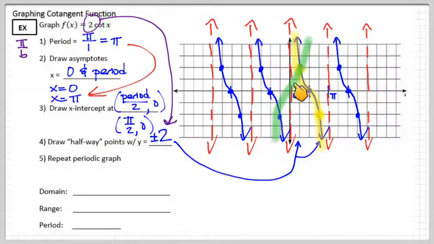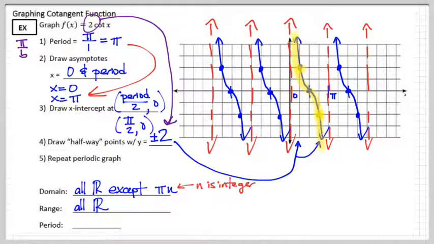So tangent graph was increasing, cotangent is decreasing, and that's one of the big differences that you'll see. The domain is all real numbers except wherever we have an asymptote, and that would be integer multiples of pi. The range is all real numbers from negative infinity to positive infinity, and our period is pi.